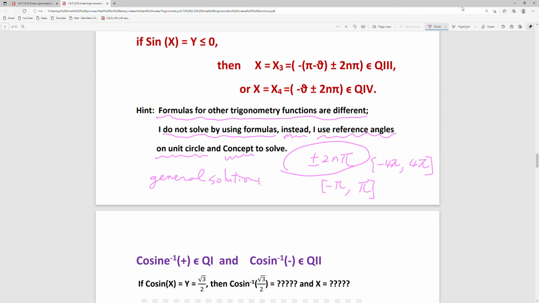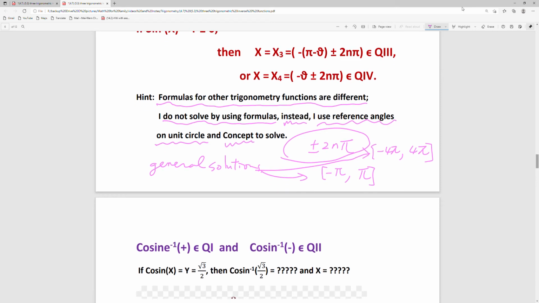Okay, that's just calculating questions. I show you step-by-step detail on our homework, so it's not too hard. As long as you are able to find the general solution, then you are able to find the special solution always. That's not a big deal.